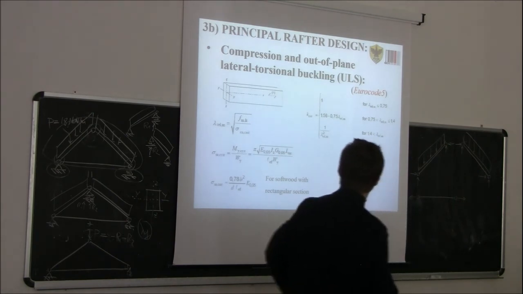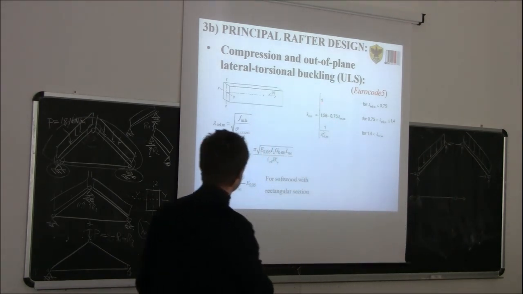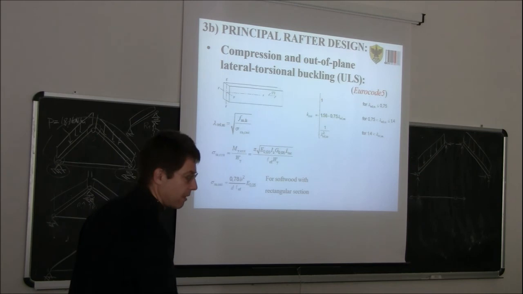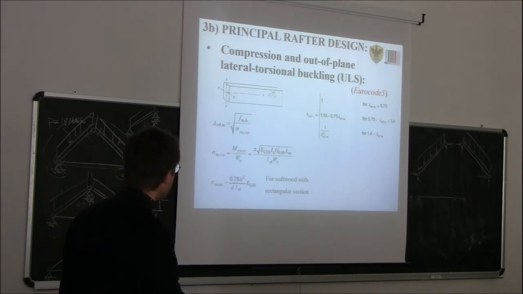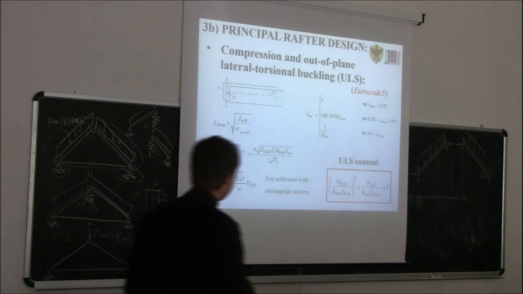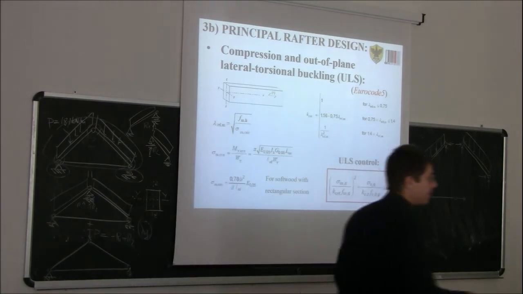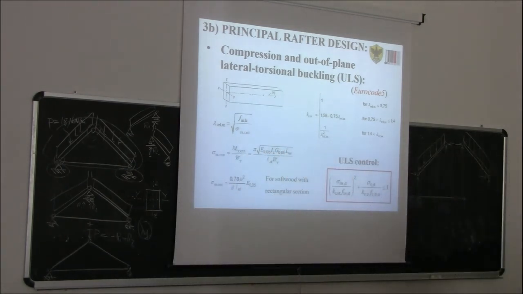From Eurocode 5, those are the formulas that we already saw last time for lateral torsional buckling for a beam. And if your beam is not only loaded by bending but also by compression, then you just need to take this ratio.